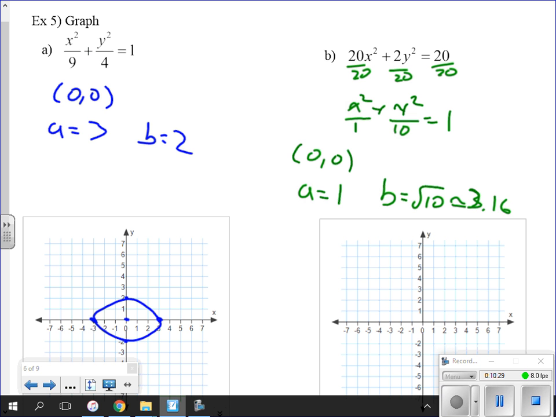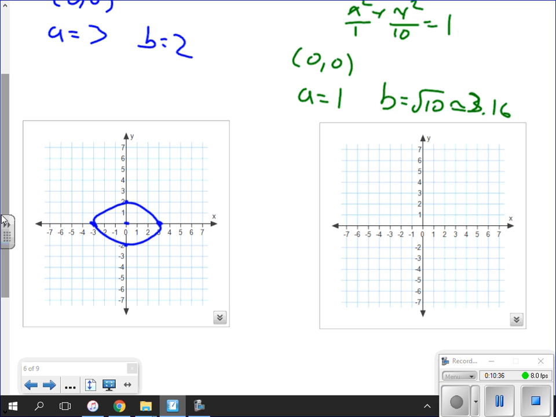It's just a hair more than 3. That's okay. But you do need to know it's a hair more than 3. So I'm once again at the origin. 1, 1, a little more than 3, a little more than 3. Easy, right?